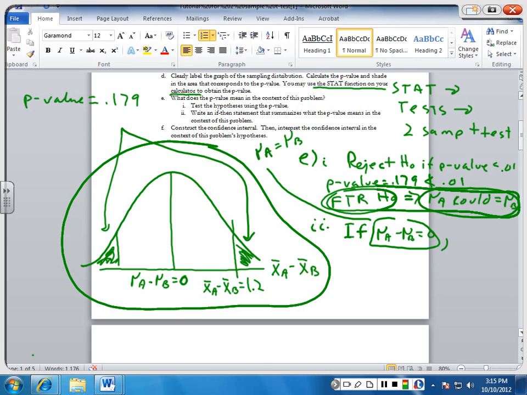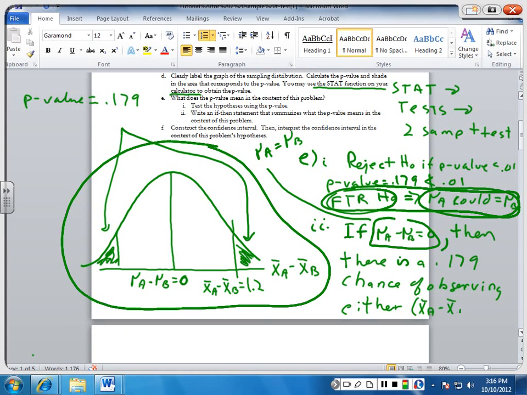So you can think of it this way. If H0 was true, then there is a 0.179, a p-value chance of observing or obtaining, however you want to think of that, either x bar A minus x bar B greater than or equal to 1.2, or x bar A minus x bar B less than or equal to this point right here.